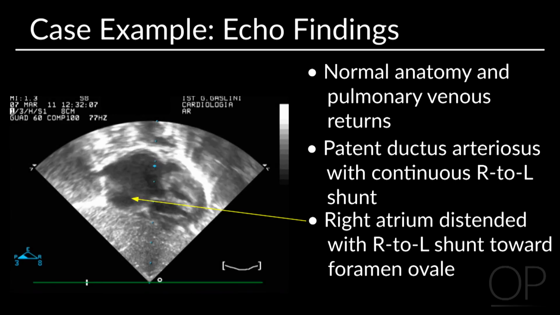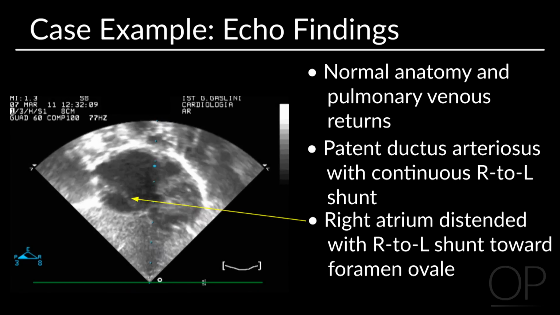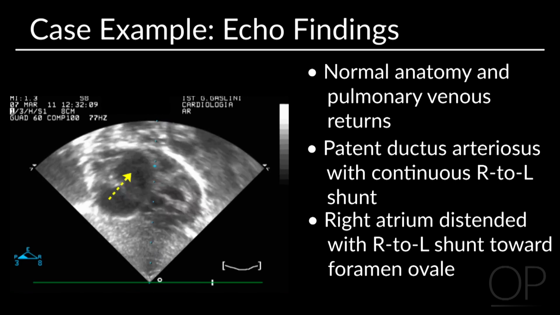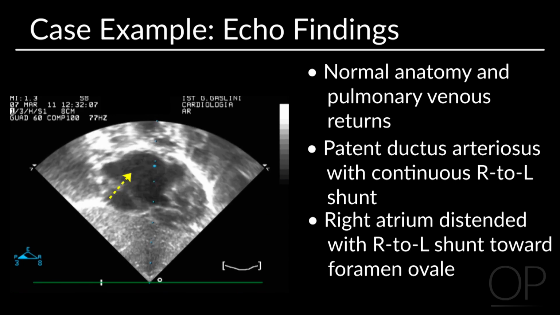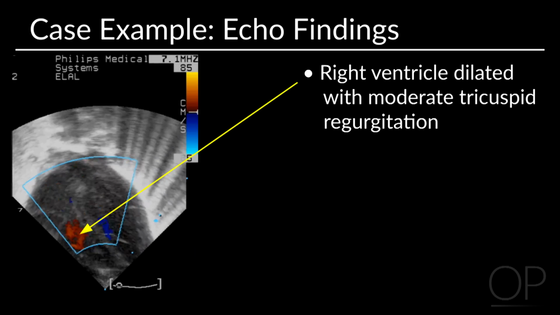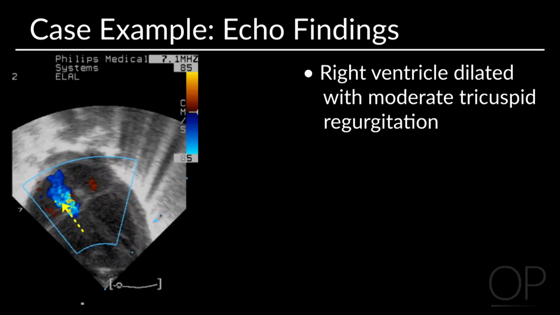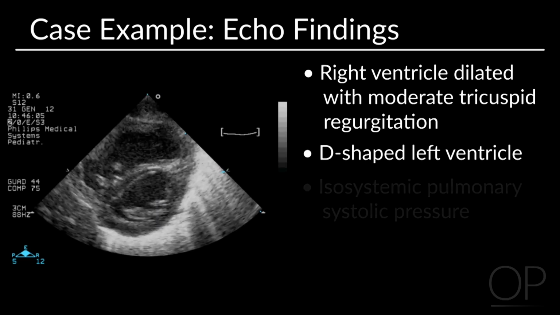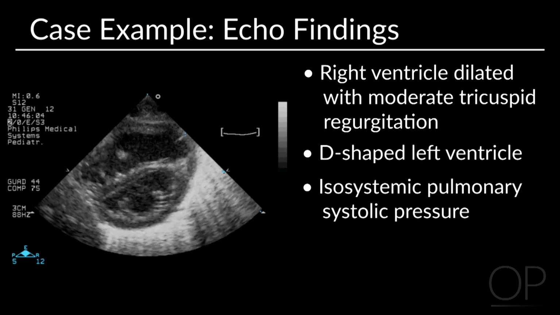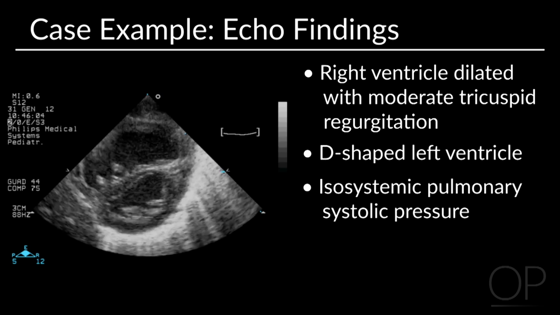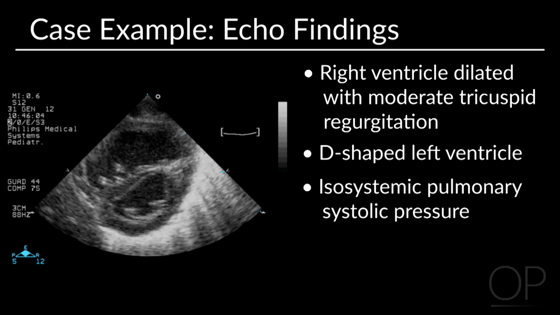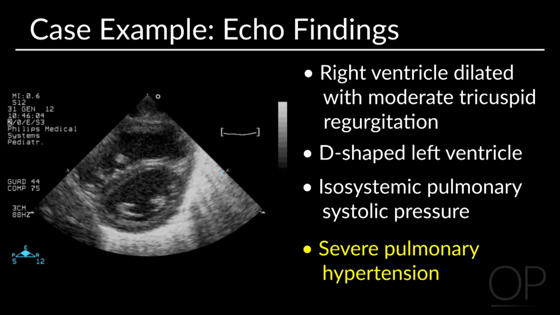The right atrium is distended with a right to left shunt towards the foramen ovale. The RV is dilated with a moderate tricuspid regurgitation. We have a D-shaped left ventricle and isosystemic pulmonary systolic pressures. So everything is telling us that this baby has a severe pulmonary hypertension.